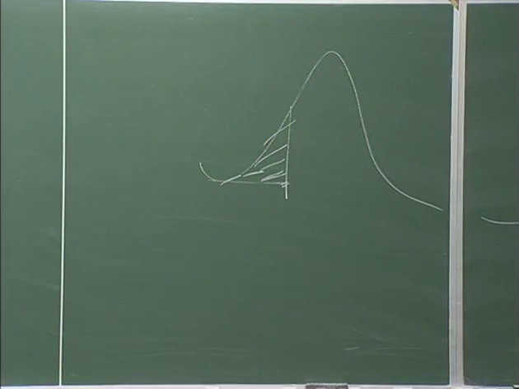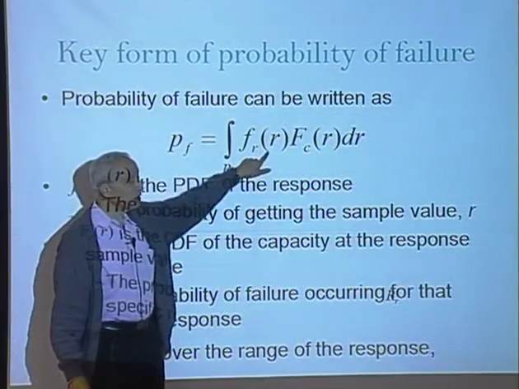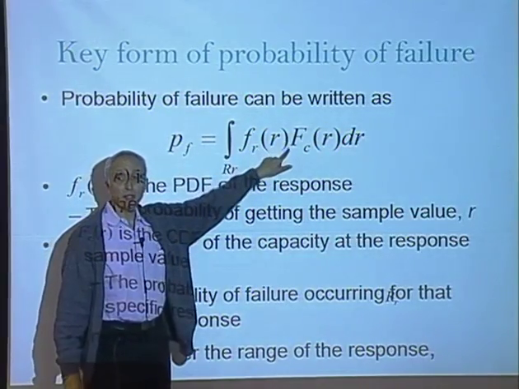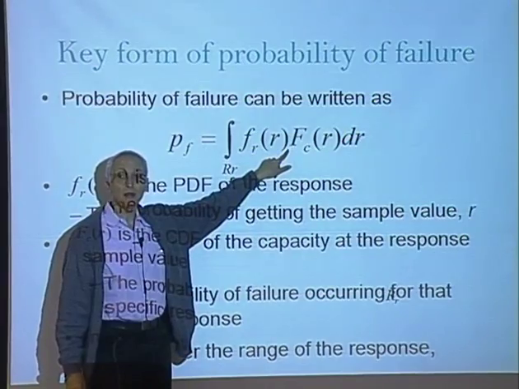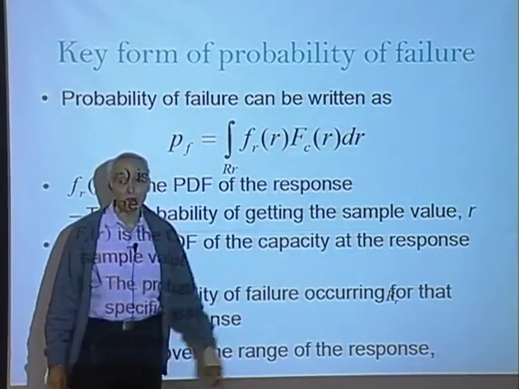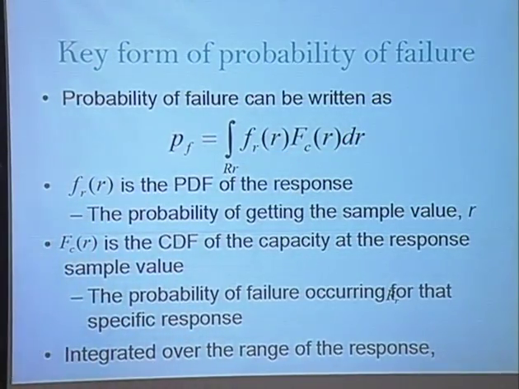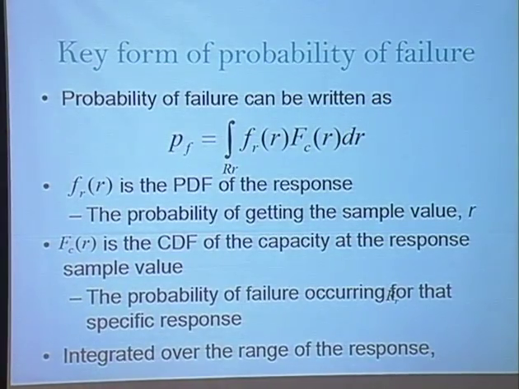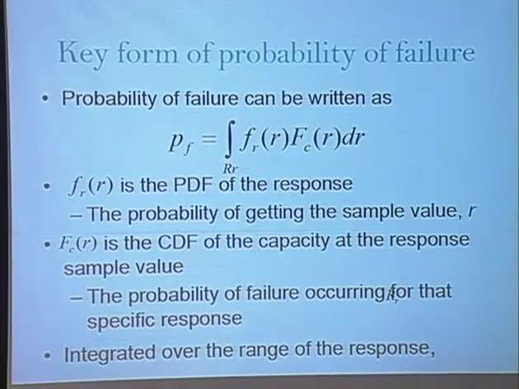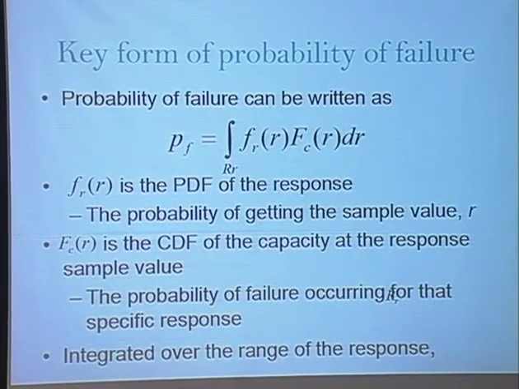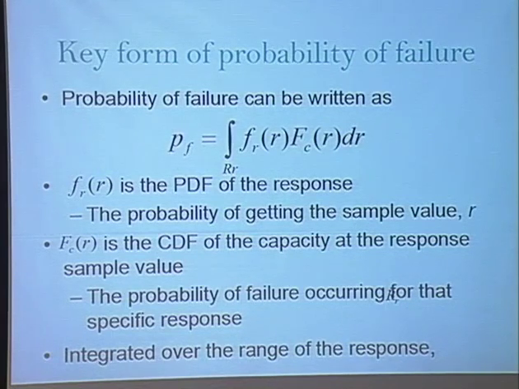So what we have written here is take a value of the response, calculate the chance that the structure will fail with this value of the response, and then calculate the average of that. That is, F_C of r is the probability that the structure will fail for a given value of the response. And we use the standard equation for calculating an average.